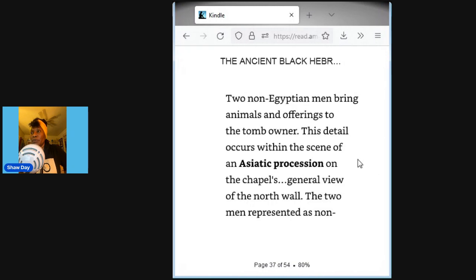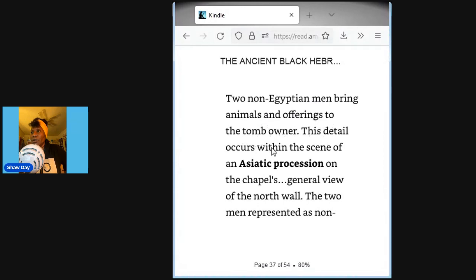Now we're talking about the very first picture I just showed you that was painted really, really light, like yellow. So it was painted by Lepsius, a painter in Britain and in Australia, I think it says. She's describing the first painting. Two non-Egyptian men bring animals and offerings to the tomb owner.